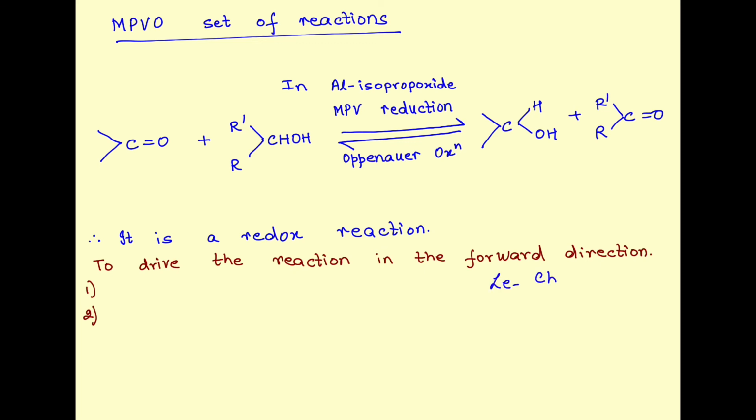What does it say? I hope I'm getting the pronunciation correct because it's a French name, right? It says whenever you try to disturb a system in equilibrium, it will always try to oppose that change.